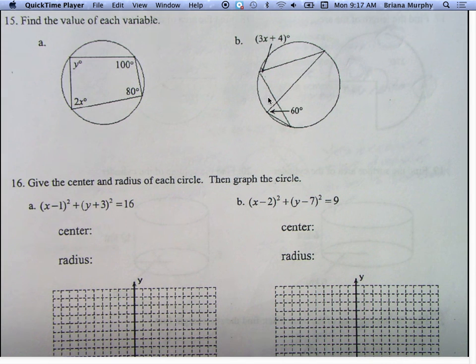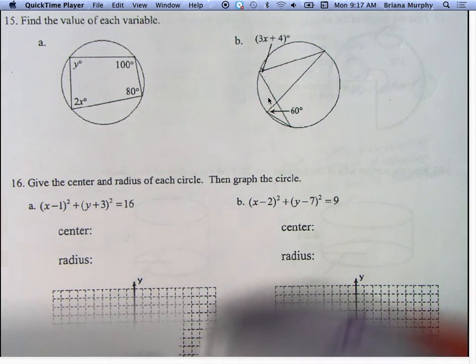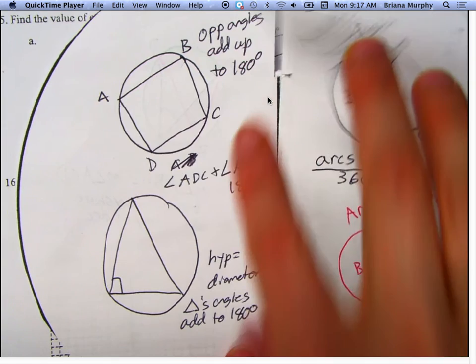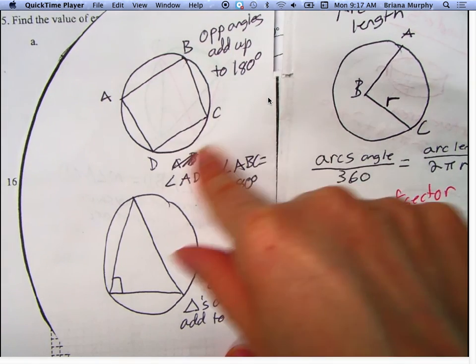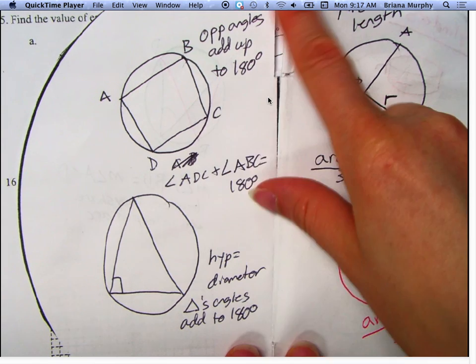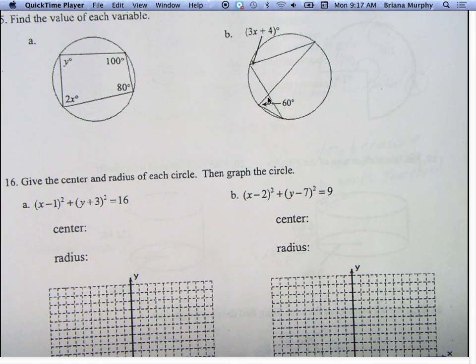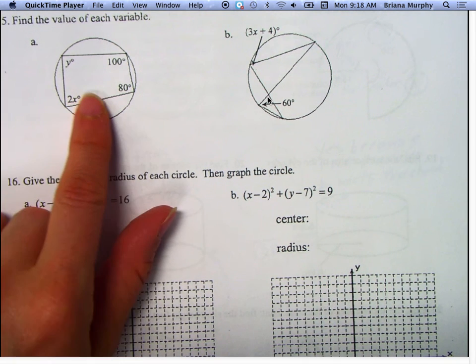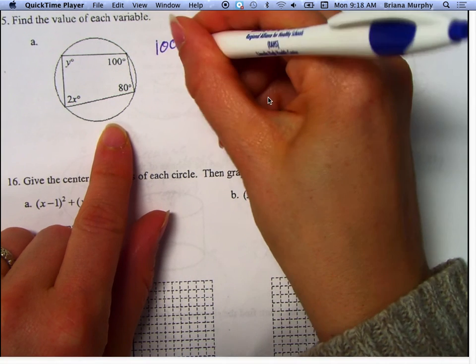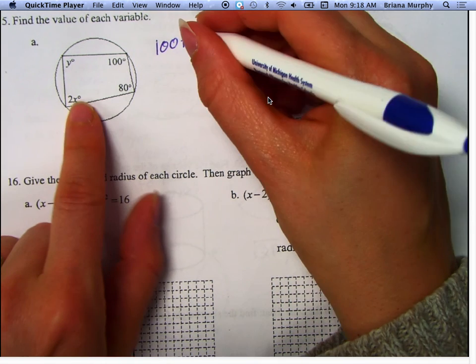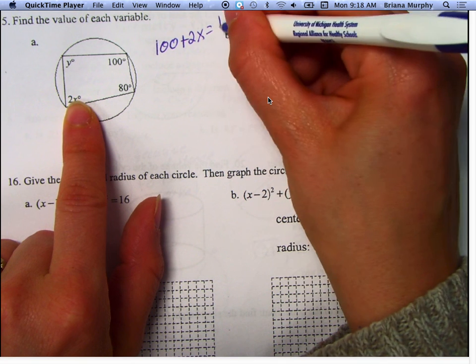15, I had a lot of people struggle with this on their homework quiz. So it's on this page right here where I talk about opposite angles. We've got a quadrilateral circumscribed by a circle, that means surrounded by a circle, and opposite angles add up to 180. So what plus what here equals 180? 100 plus, what's opposite 100? 80 is next to it. 2x is opposite, equals 180.